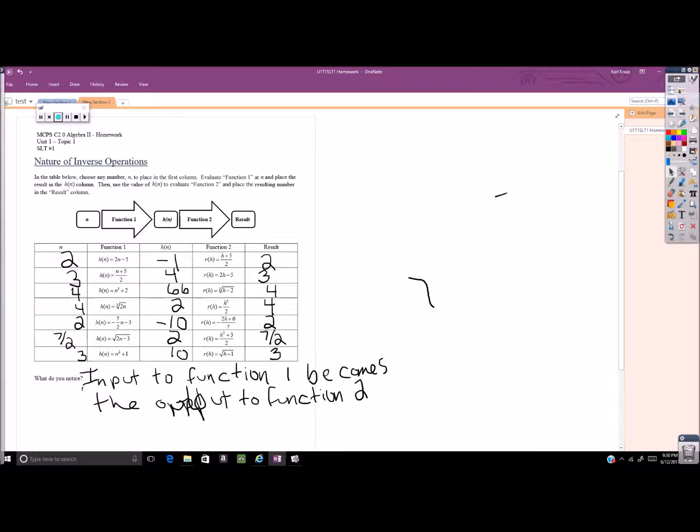So if I notice the first column here is the inputs to function 1, they become the outputs to function 2. That shows that they're inverse functions.